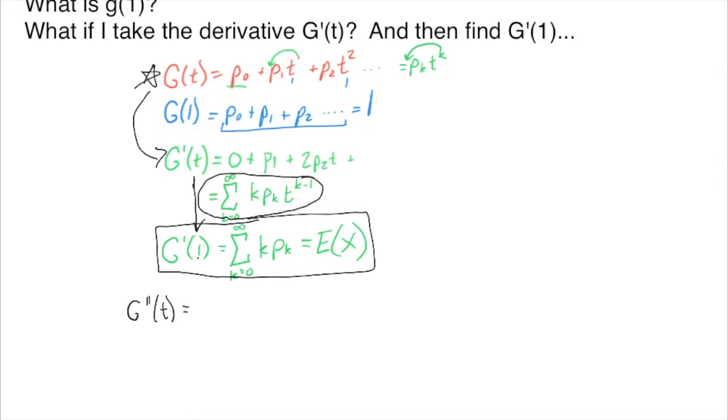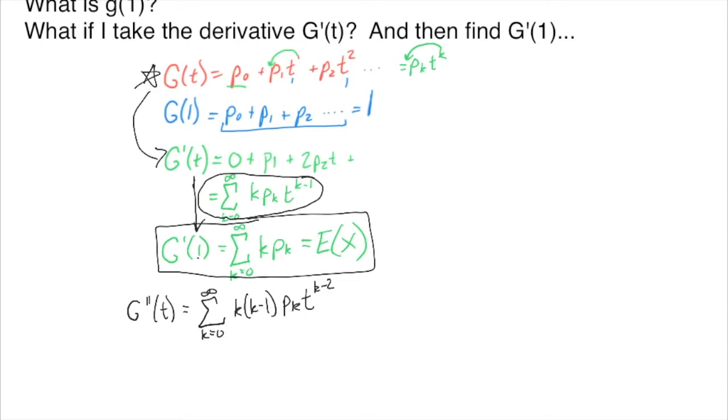Okay, and so I'm going to be getting the summation from k equals 0 up to infinity of k times (k minus 1) times p_k t to the k minus 2, right? Because I'm bringing that k minus 1 in front, I'm subtracting 1 more from it, and that's what I get.